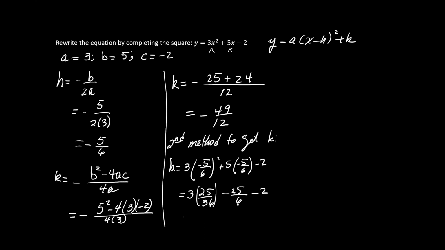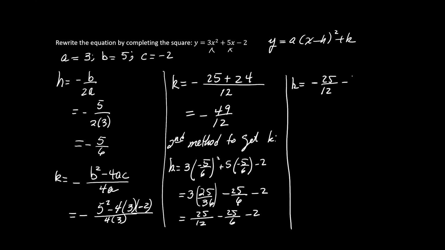This 3 and the 36 leave me with a 12, and a 25 minus 25 over 6 minus 2. Again, this is half of that. So I'm going to get k equals negative 25 over 12 minus 2. Cross multiply, negative 25 minus 24 over 12, or negative 49 over 12. That's what I got in the original equation.